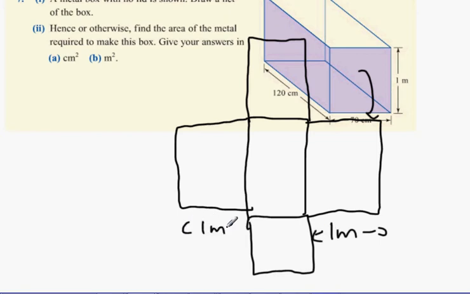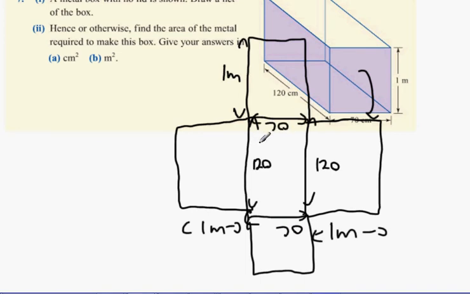Can I tell you what is from here to here? 120. And finally from here to here, it's going to have to be a meter as well, or 100 centimeters. From here to here, we says 120, and then across is 70. So that's your net drawn there.